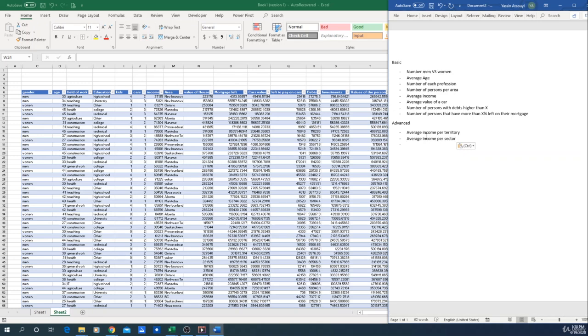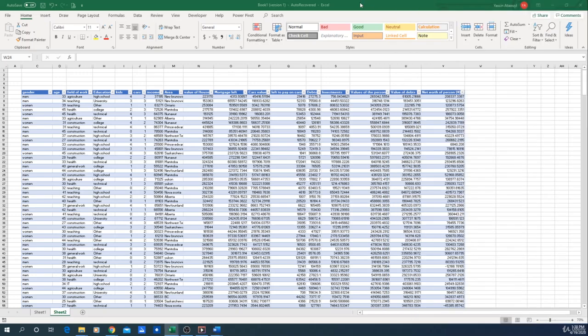The next thing, the percentage of people that have a higher total debt than their yearly income. So what does this mean? Let's say, for example, right here, we have a person whose value of debt is higher than their total income.